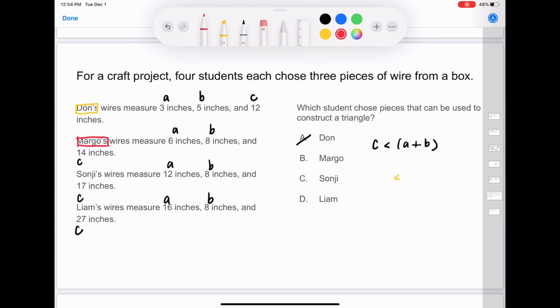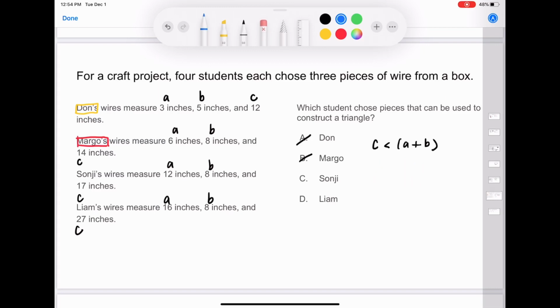So 6 plus 8 is greater than 14. Okay, 6 plus 8 is 14. So 14 is less than 14? Well, no, they're equal to each other, so that can't construct a triangle.